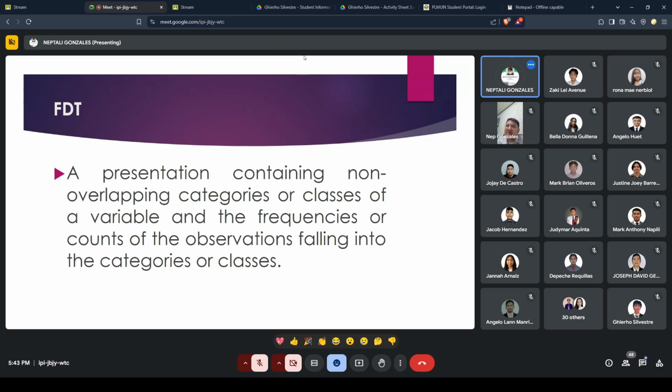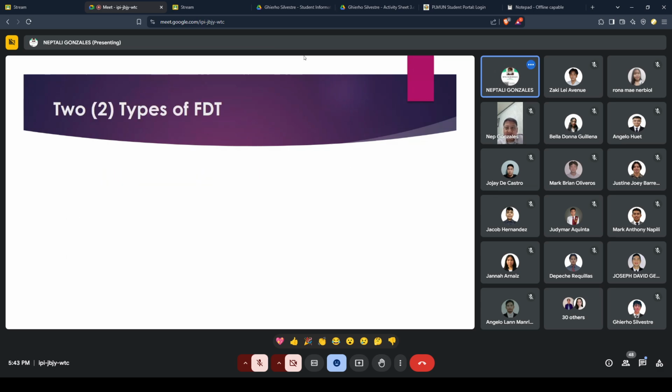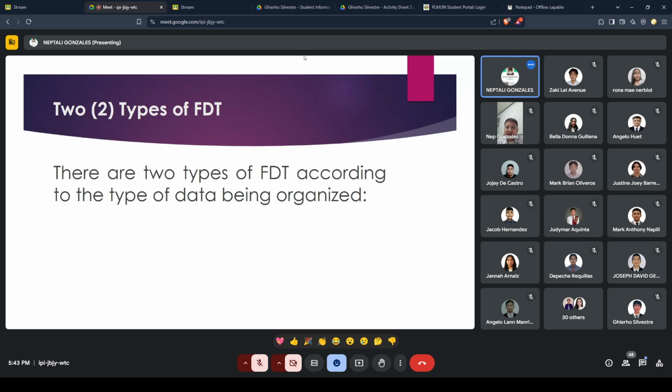So for tonight, I will teach you how to construct a frequency distribution table. There are several types of frequency distribution table, and we're going to tackle it one by one. There are two types according to the type of data being organized, depending on the size of the universe: how many are included in your survey, or how many are included in your interview?